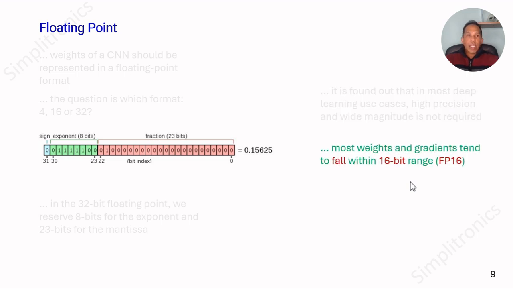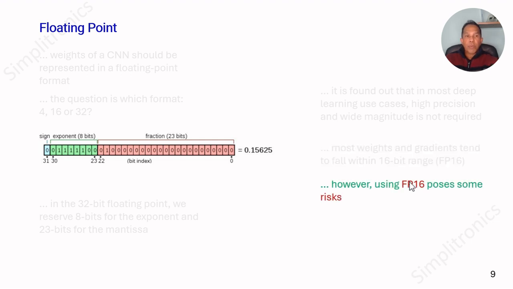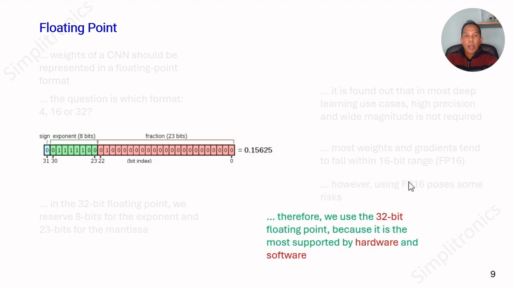Most weights and gradients tend to fall within the 16-bit range, or FP16. However, using FP16 poses some risks. We are not going to discuss that here. Therefore, we use the 32-bit floating point because it is the most supported by hardware and software.